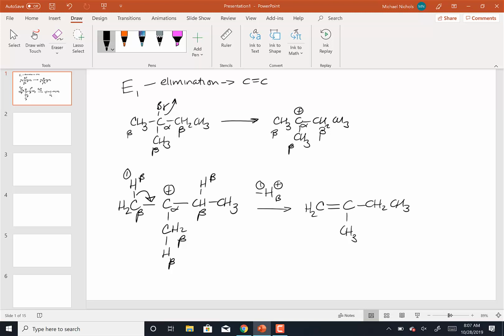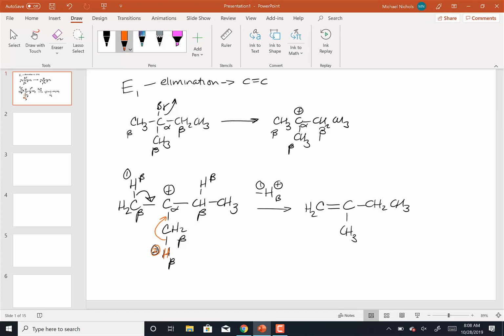The second possible product would be to lose beta hydrogen, let's call it 2, by the same mechanism. So I'll put this one in red. So beta hydrogen 2 here, I'm going to take this pair of electrons and move it, again losing H plus, but then having that carbon form a double bond with the alpha carbon.